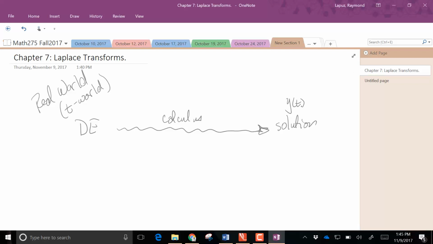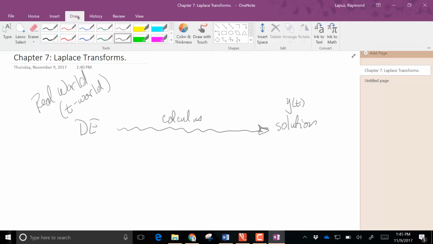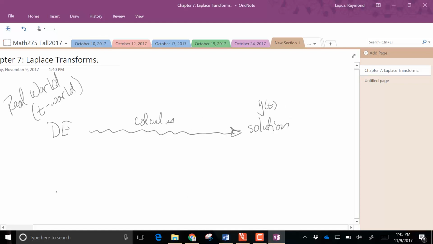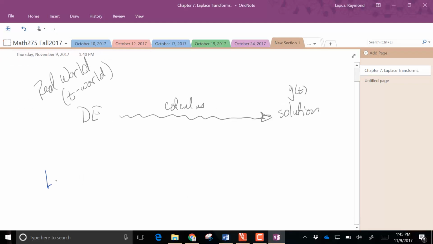Laplace exists in another world. So we're going to venture into the Laplace world, also known as the S world.